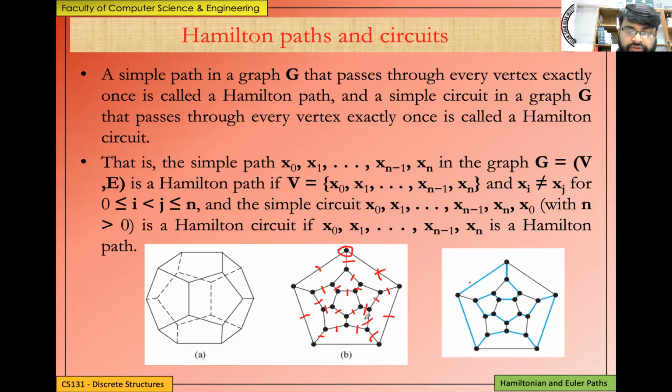However, each vertex was visited, and a Hamilton path or Hamilton circuit is all about visiting each vertex exactly once, except for the last vertex, which is also your starting vertex. If that is true, then this becomes the Hamilton circuit. Otherwise, if you end up on a different vertex than the starting vertex while having visited each vertex exactly once, then this is a Hamilton path by definition.